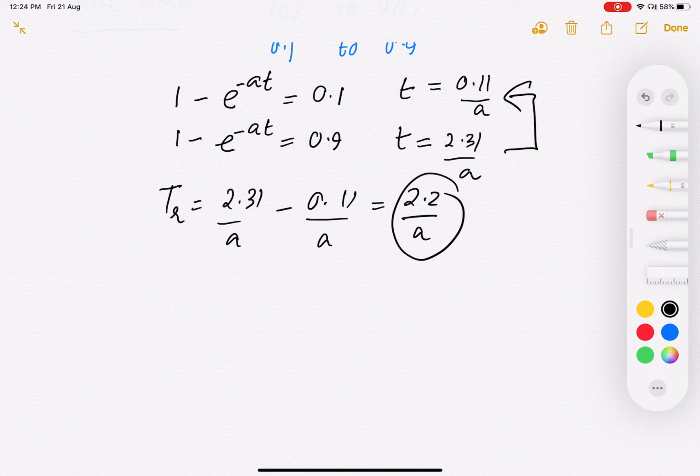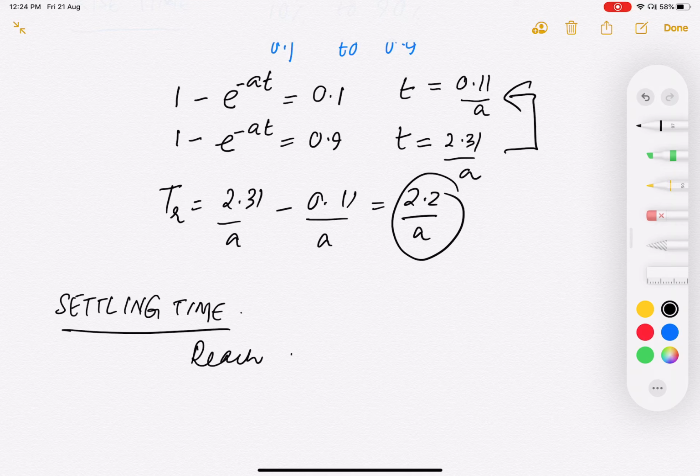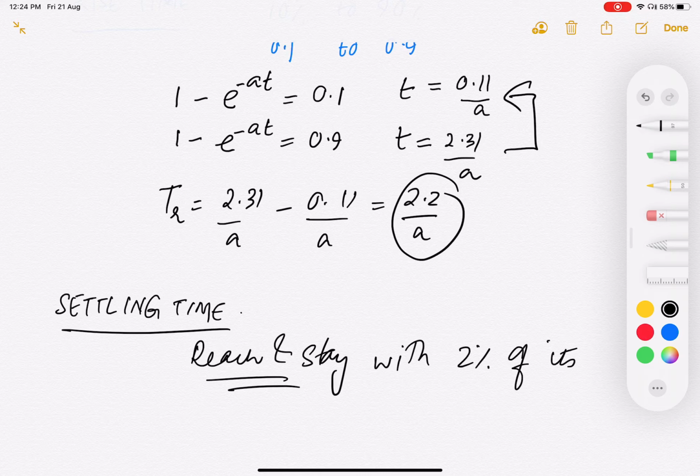Then you have the definition for the third important parameter, which is called the settling time. Settling time is defined as the time required for the response to reach and stay, right? To reach and stay within 2% of its final value. This is also called the 2% settling time.